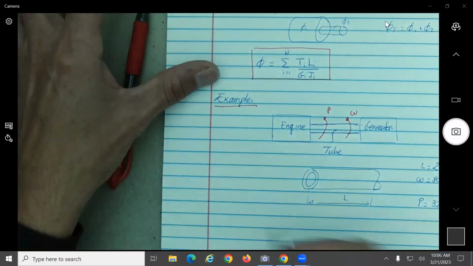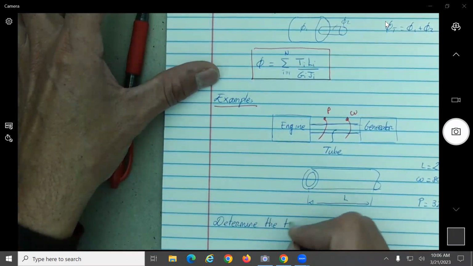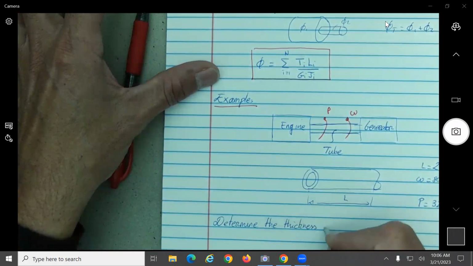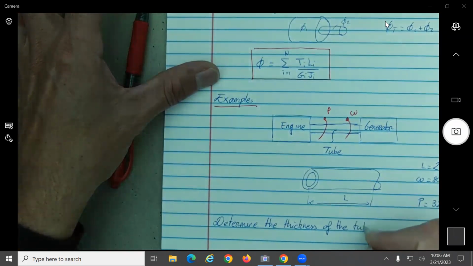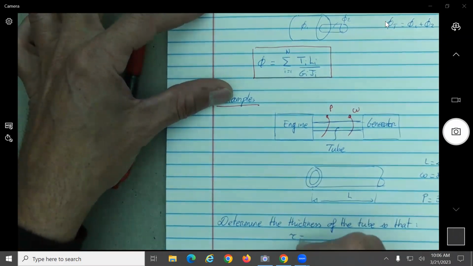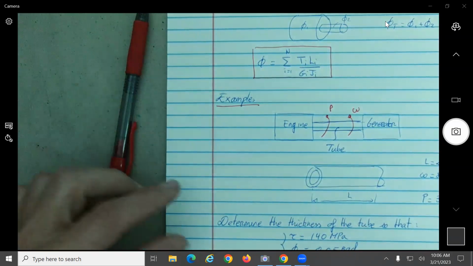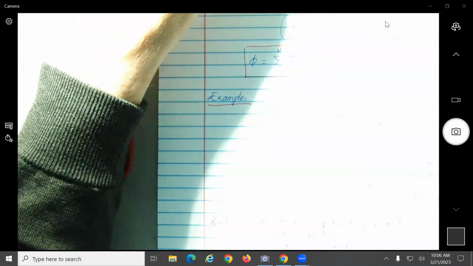So what they're asking you here is to determine the thickness of the tube so that the maximum shear for that material is 140 megapascals, and that you want your angle of twist to be equal or lower to 0.05 radians.